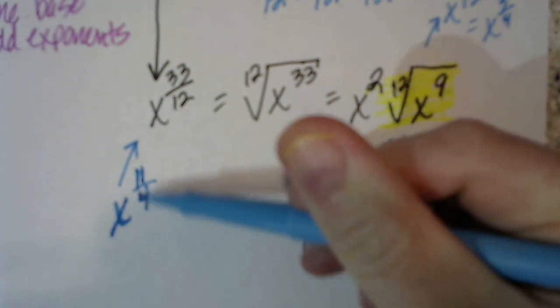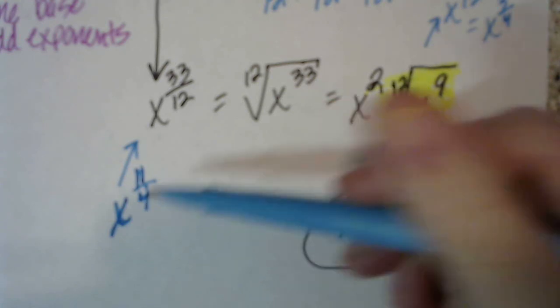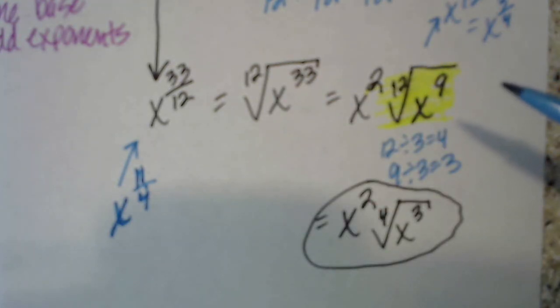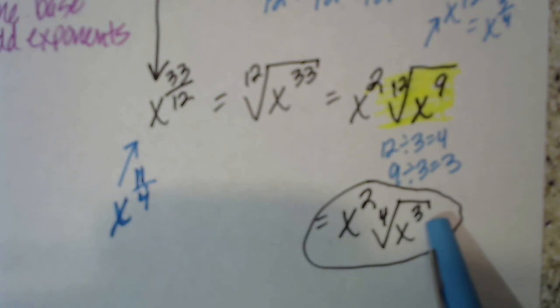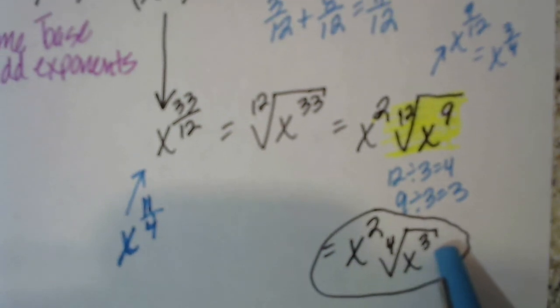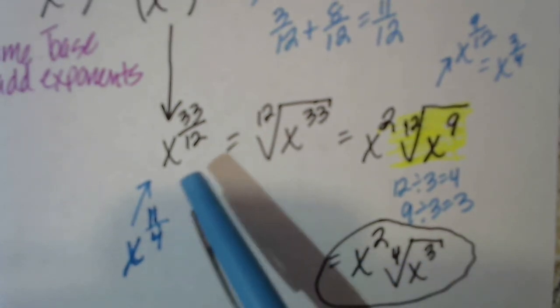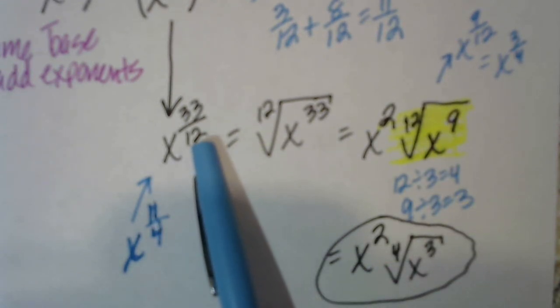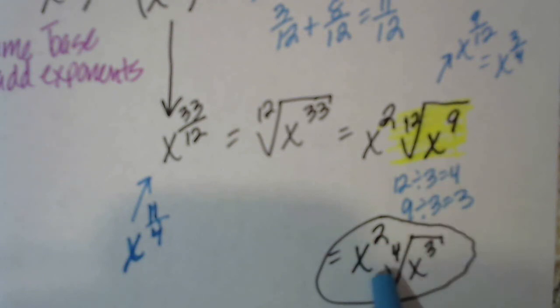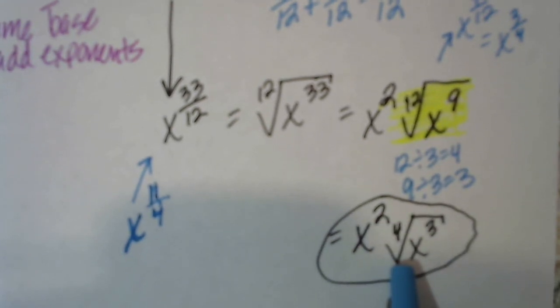And then I know that 4 goes into 11 2 times with 3 left over. So that's why you see this 2 times and this 3 left over. So it just depends on when you notice that you need to reduce. You can reduce it as a fraction in the exponent first, or you can reduce the radical itself. Okay?